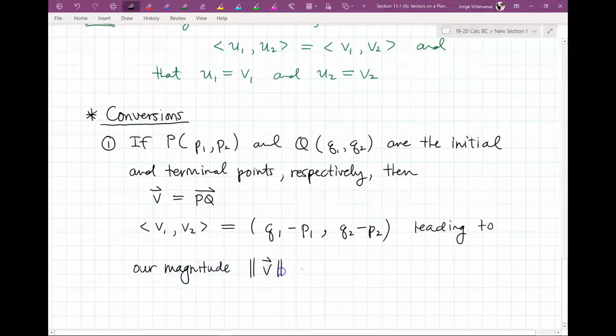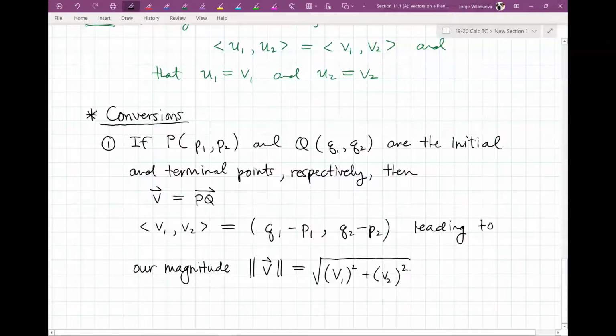The magnitude of vector v is just the square root of v sub 1 squared plus v sub 2 squared. Now, the reason why they tell you this is because this is essentially the distance formula. But they're saying if you're given a vector, if you know the vector is <2, 3>, then to find its distance, just square the components, add them, and take a square root.